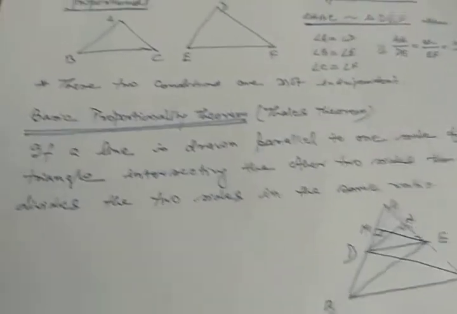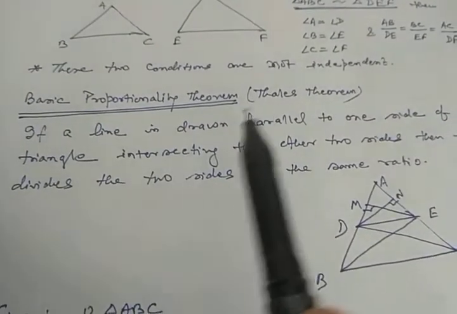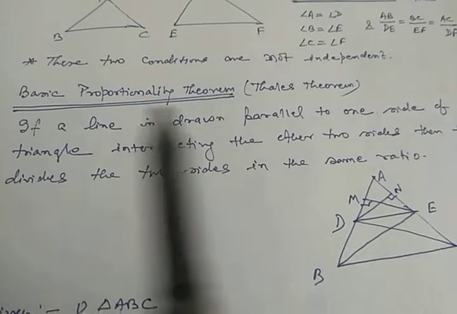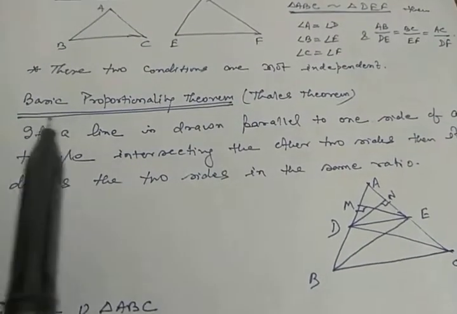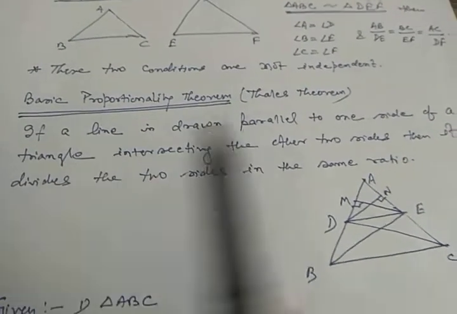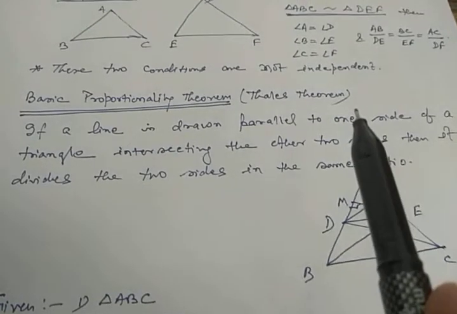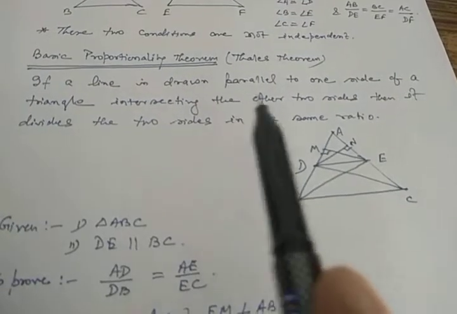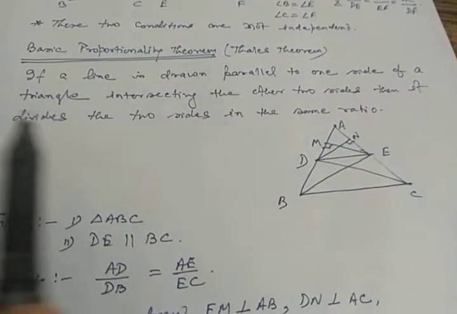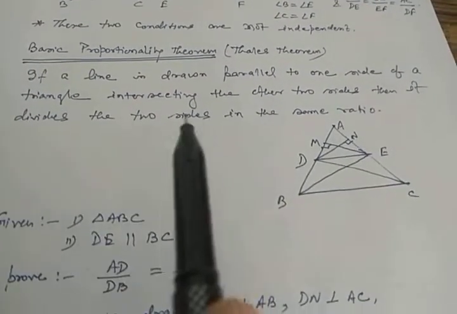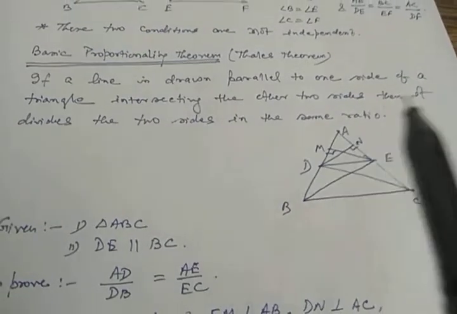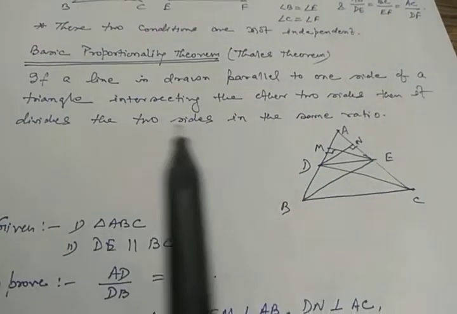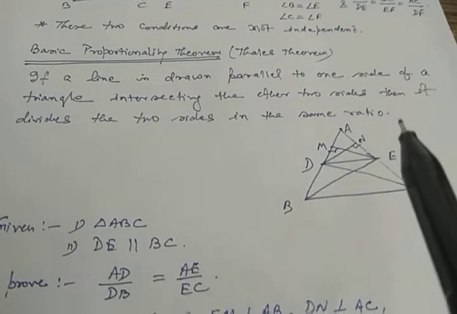At present, we will establish the basic proportionality theorem. In short it is also known as BPT. Its other name is Thales theorem. This theorem says that if a line is drawn parallel to one side of a triangle intersecting the other two sides, then it divides the two sides in the same ratio.